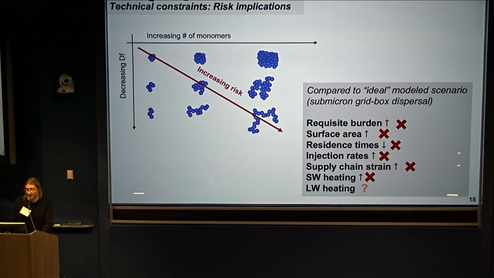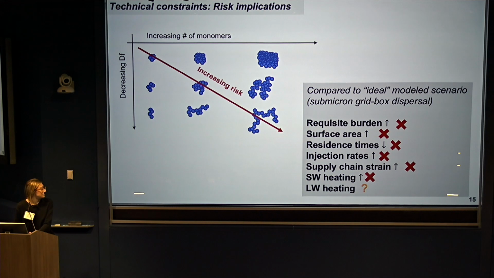It increases the amount of surface area that you need that accompanies this increase in burden, because fractals, especially compared to mass equivalent spheres, have a lot of surface area for chemistry to happen on, which is quite concerning. You decrease residence times, these settling velocities will be much faster, which means you need higher injection rates, you're increasing strain on supply chain.